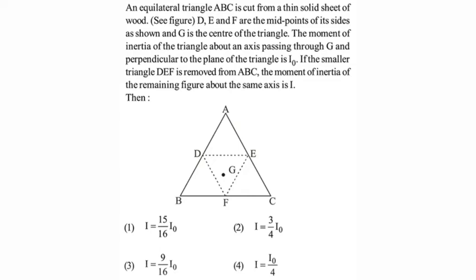If the smaller triangle DEF is removed from ABC, the moment of inertia of the remaining figure about the same axis is I. Then option 1, I is equal to 15 by 16 I naught. 2, I is equal to 3 by 4 I naught. 3, I is equal to 9 by 16 I naught. 4, I is equal to I naught by 4.